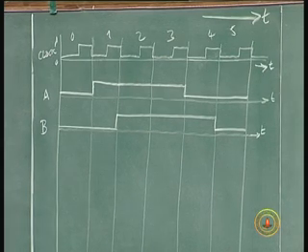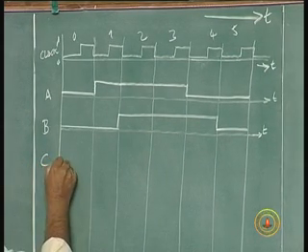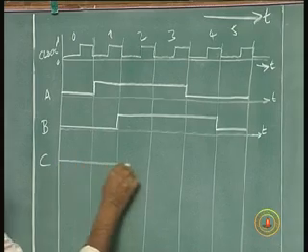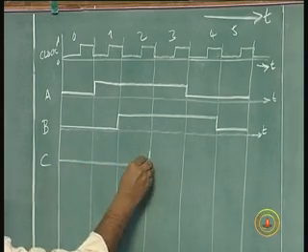C would be 0 for the first 3 clock pulses and 1 for the next 3 clock pulses.